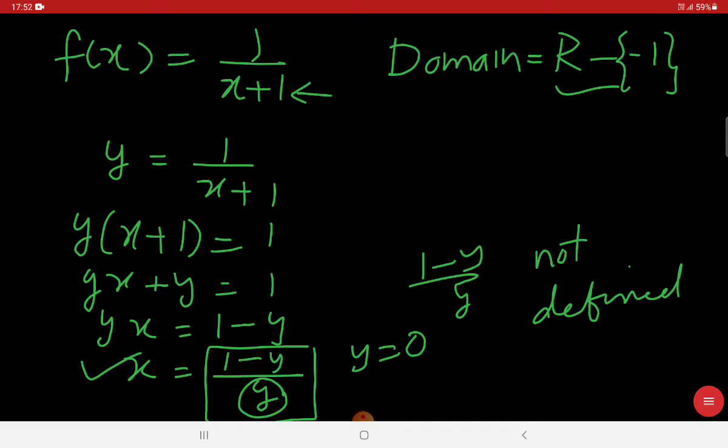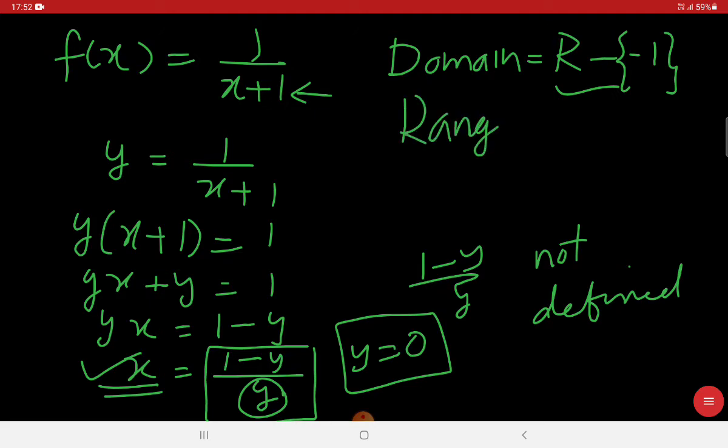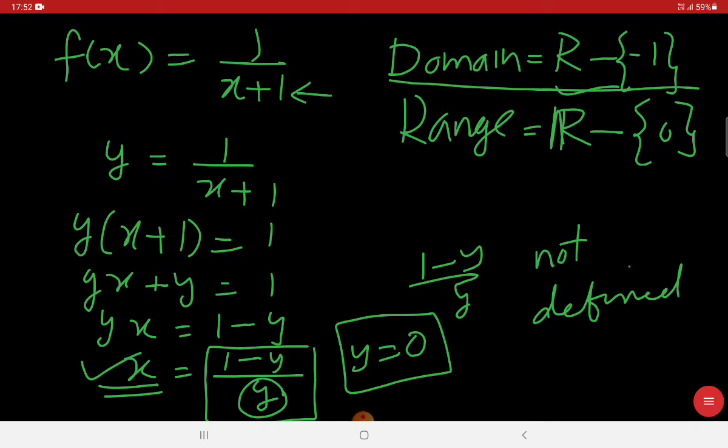Okay, so you have to remove 0 from the set of real numbers. For all remaining real numbers we can find a particular value for x. So range is equal to the set of real numbers minus {0}. So domain is equal to R minus {-1}, range is equal to R minus {0}.